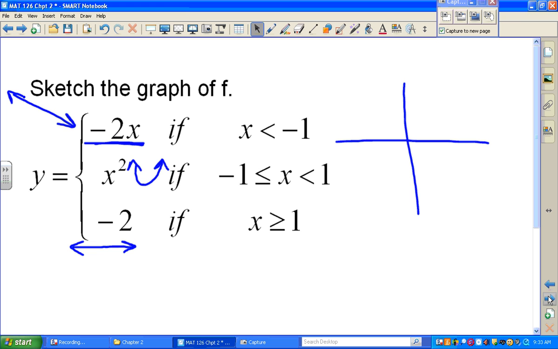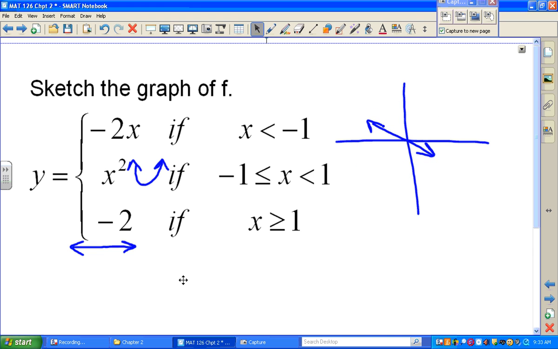Well, negative 2x. Oh, I don't want that with it. I'm going to erase that part. Here we go. We'll take it over here. There's the line right there. Negative 2x. What's this part on the right have to do with anything? That's the domain. It says the line is only good for all x's less than negative 1.